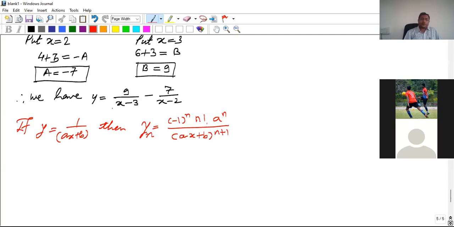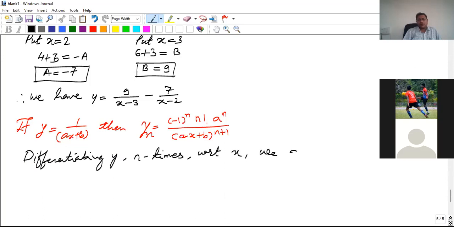Now what we can do is differentiate this y n times with respect to x. These are reciprocal algebraic terms, so we can use this formula directly. For the first term, what is the value of a? 1.